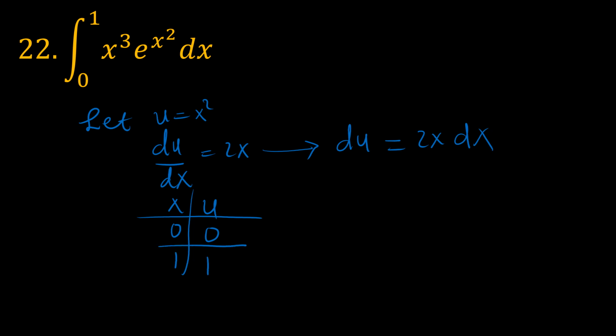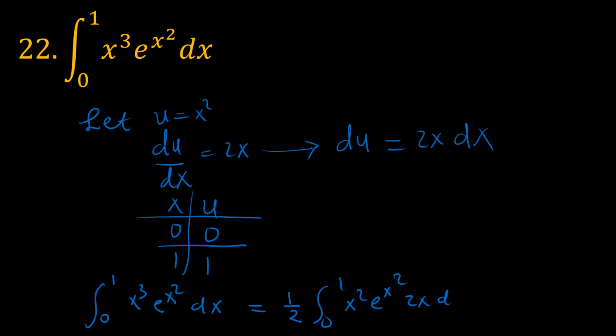So if we rewrite our integral from x equals 0 to x equals 1 of x cubed e to the power x squared dx, we can rewrite it like this: 0 to 1, x squared e to the x squared 2x dx.